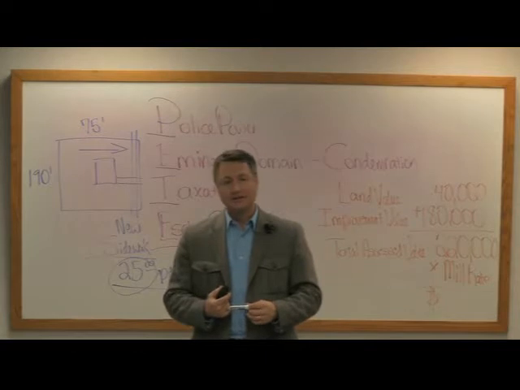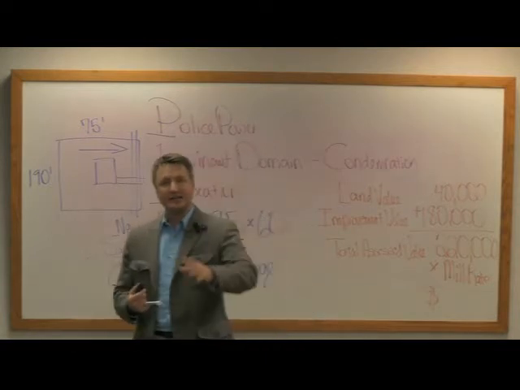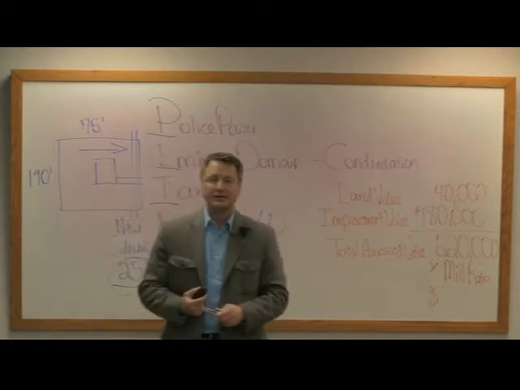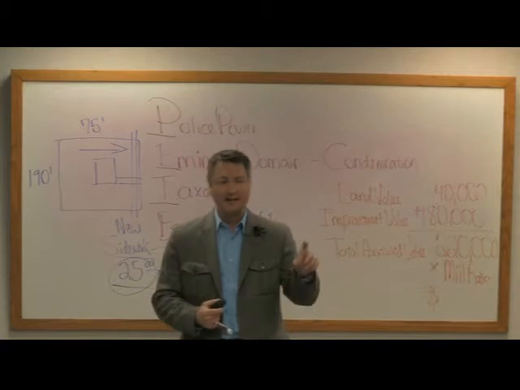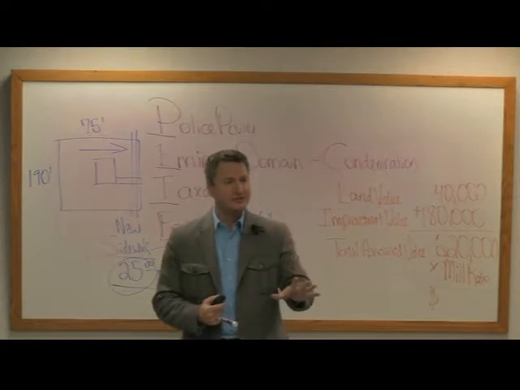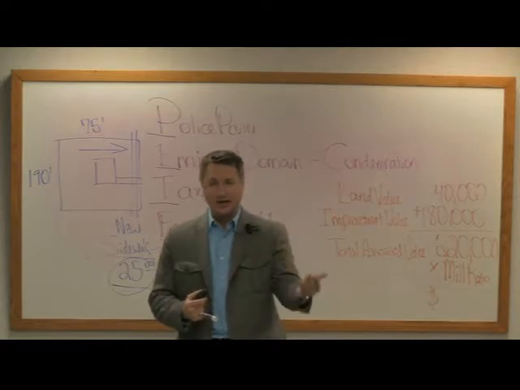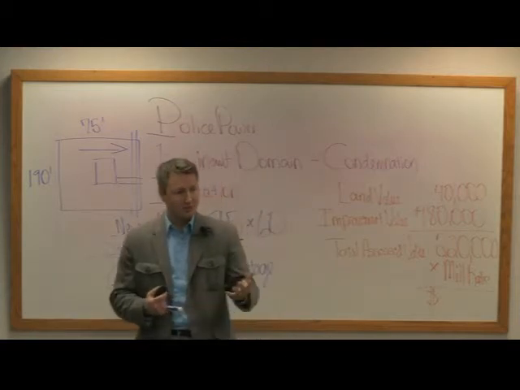Now, if there are items that are attached, let's say a ceiling fan, if the seller would wish to take it with them, they can. They'd have to just make note of that on different documents that we'll go through later and make sure that all parties know that the seller, before or at closing, is going to take that with them.